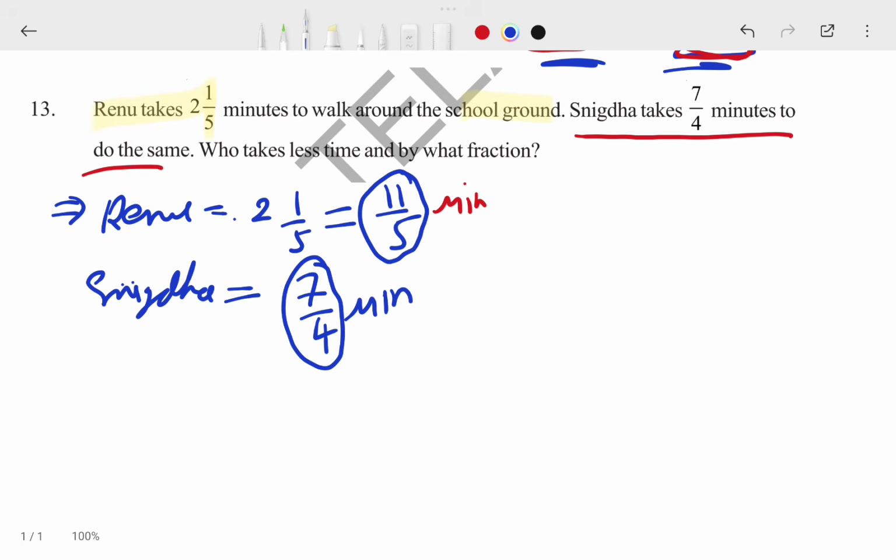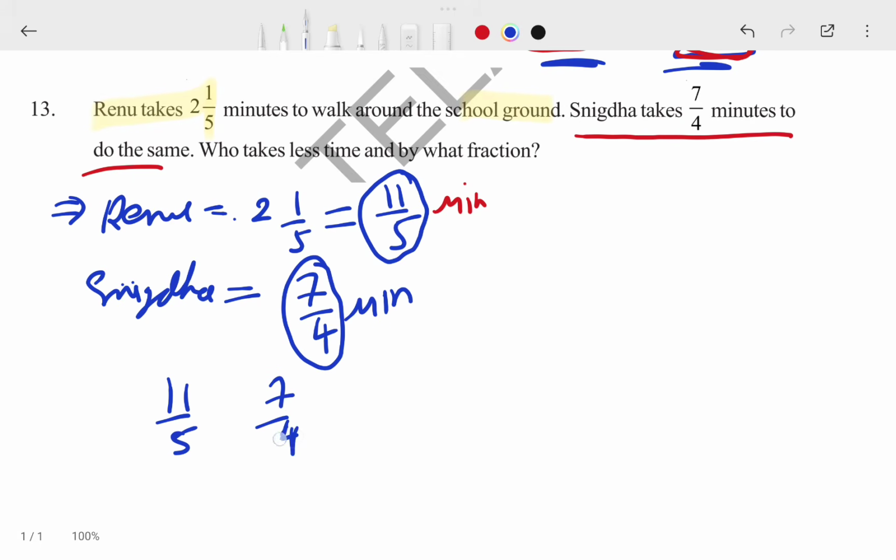Who takes less time, and by what fraction? Generally, you have to say who takes the less time. So 11 by 5 is given and the other is 7 by 4.